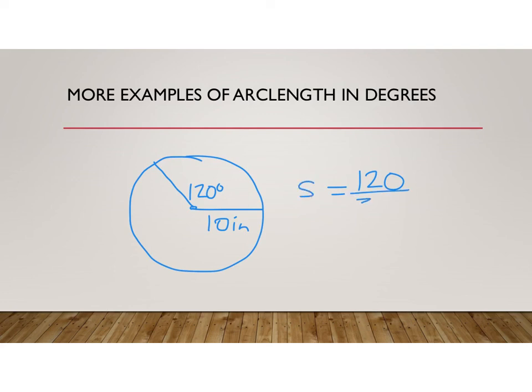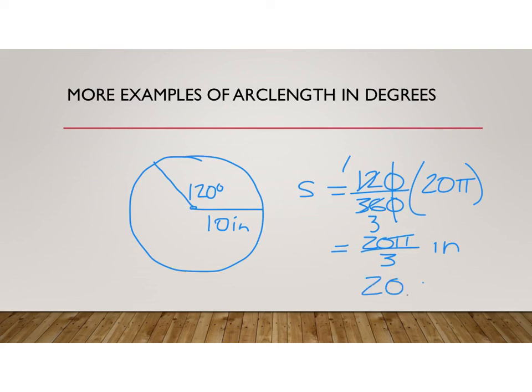So it would be 120 divided by 360 times the circumference of the entire circle, pi times d, which would be 20 pi. I can cancel. It's 1/3. And so my arc length would be 20 pi over 3. That's the exact answer, in inches, which using your calculators would be about 20.9 inches.